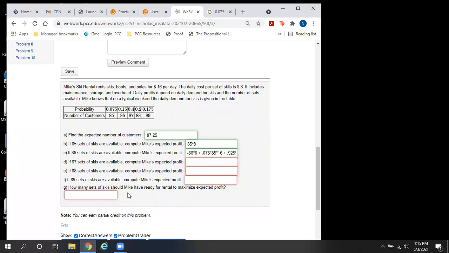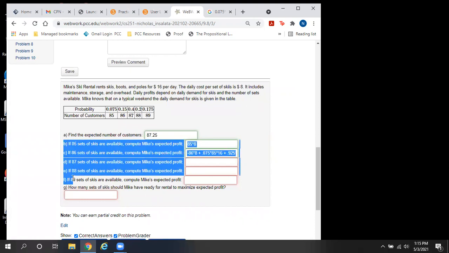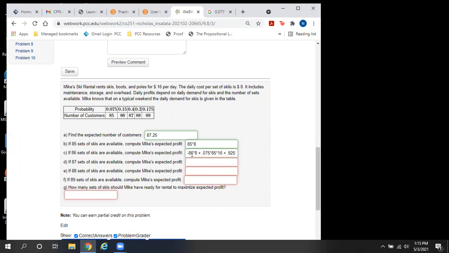How many sets of skis should Mike have ready to maximize the expected profit? Well, that's just the biggest answer you get from letters B through F, right? And if 87.25 is the expected number of customers, you would think that the expected profit would be at maximum probably at 87 or maybe 88.